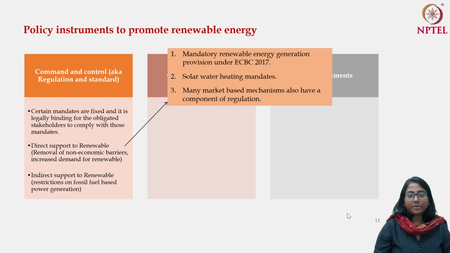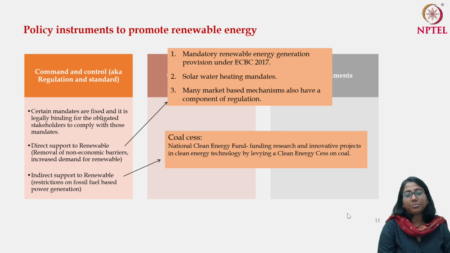Okay, the next policy that we are going to look at is indirect support to renewables. This is generated by putting some sort of restriction on fossil fuel based power generation. One classic example is the coal cess in India, which was launched in the year 2010.